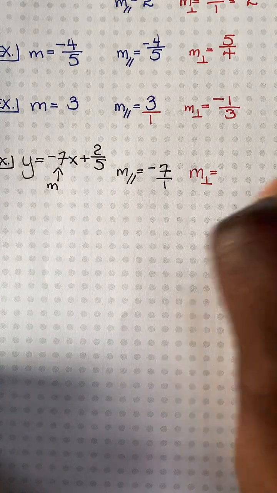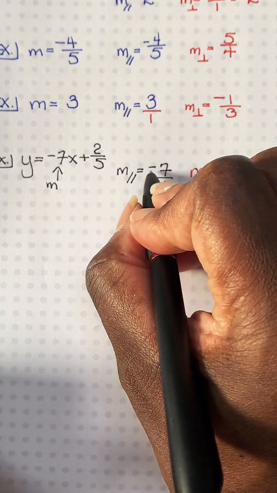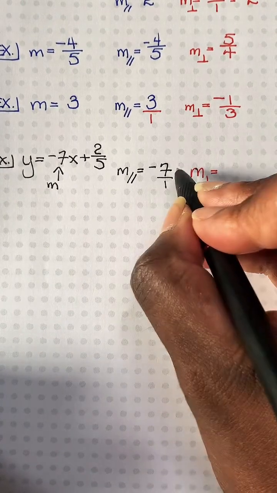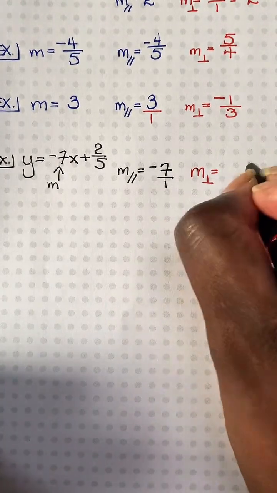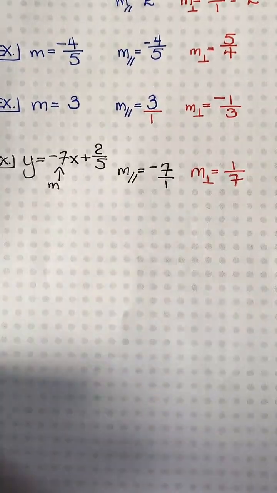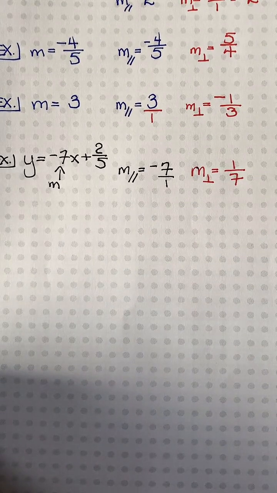Since it is a negative, that means this has to be positive. And then you flip it. So then you have 1 over 7. Yes, it's going to be positive.